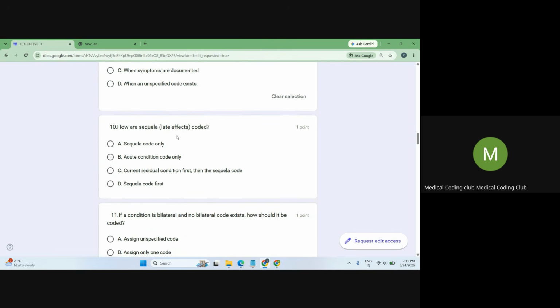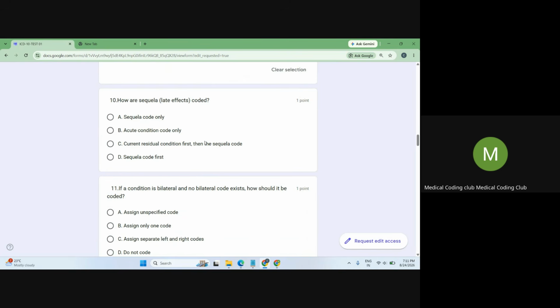How are sequela or late effects coded? The sequencing rule for sequela is very important. Which one should be the primary diagnosis and which one should be the secondary diagnosis? If I take an example, a patient suffered a burn, later in his life he developed a scar, and today the patient is here to take treatment for the scar. Sequela code first.